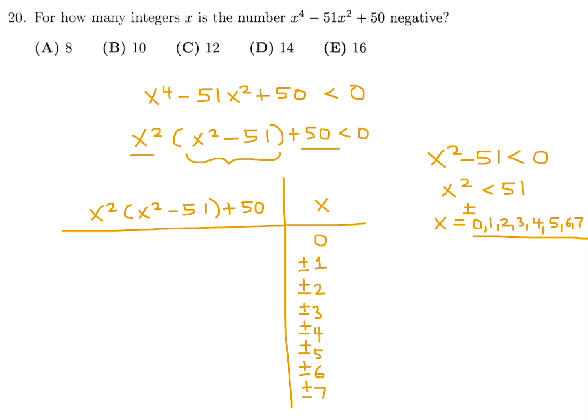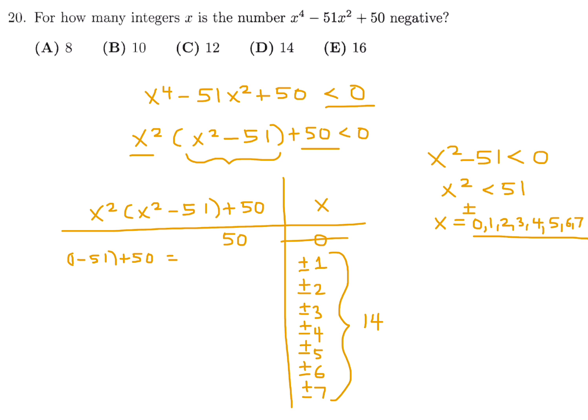Okay, here we go. When it's 0, you get 50. All right, well, that's no good. We want it to be less than 0. So that doesn't work. Okay, so we've got these guys left, and there's 14 of those numbers. Correct? All right. So 14 is one of the answers, but let's see. When x is 1 and you substitute it in, you get 1 minus 51 plus 50.